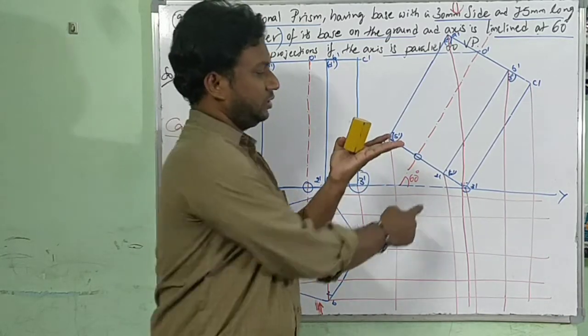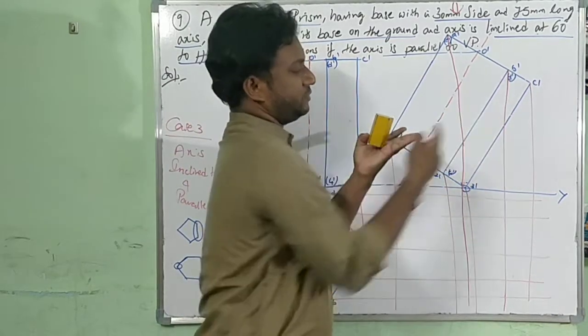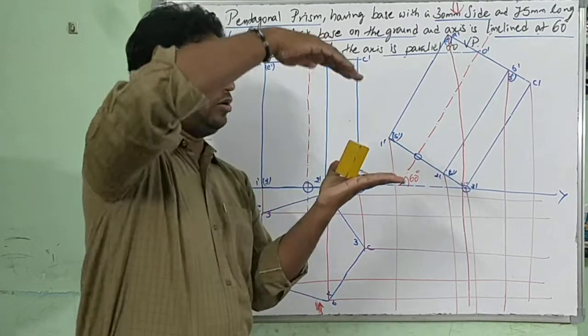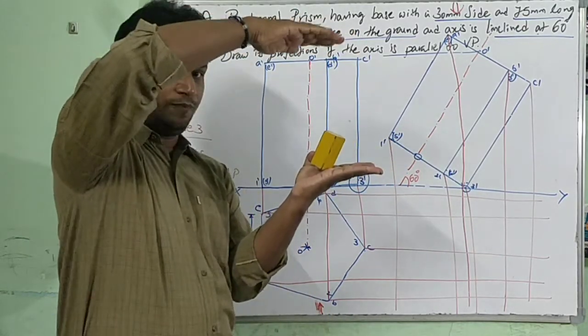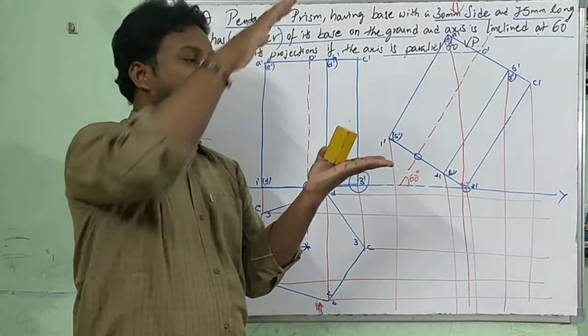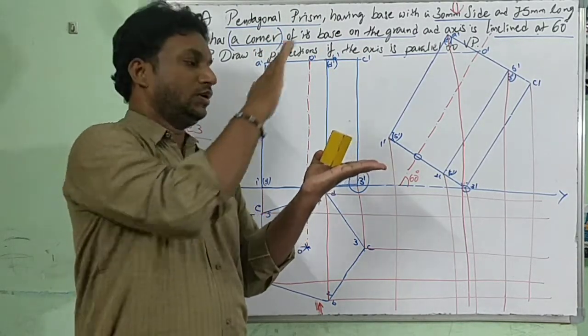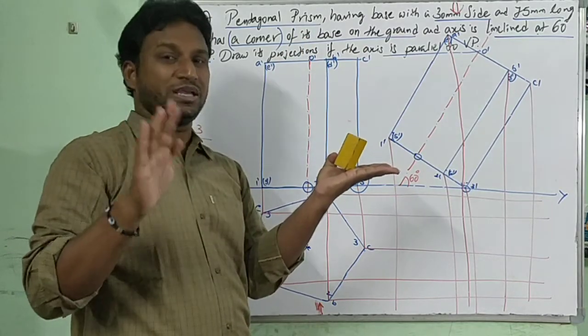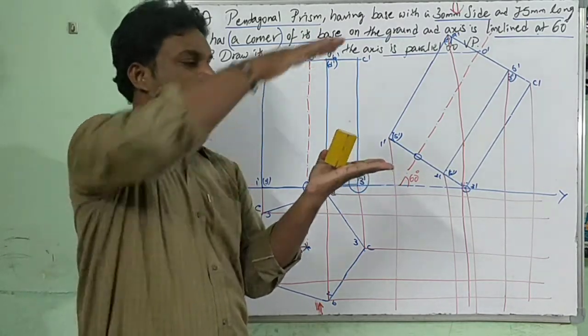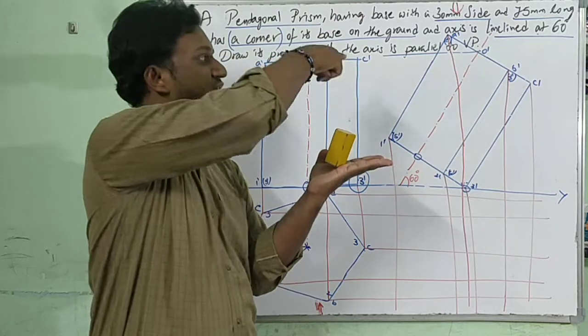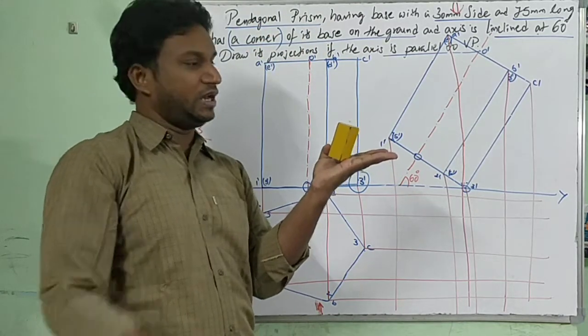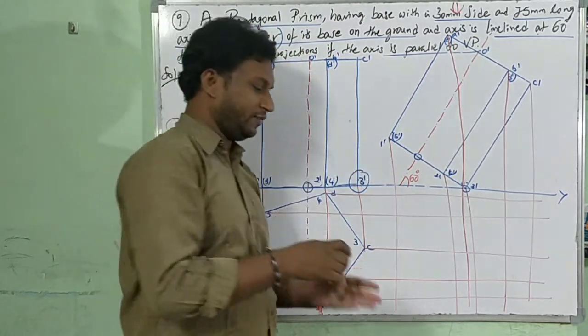Now this is 2 dash, 3 dash, C dash, B dash. Now top view. When you are drawing the final top view, first you have to solve with the base. Which base is clearly visible? Top base, which is A dash, B dash, C dash, is clearly visible. I have to complete it first.